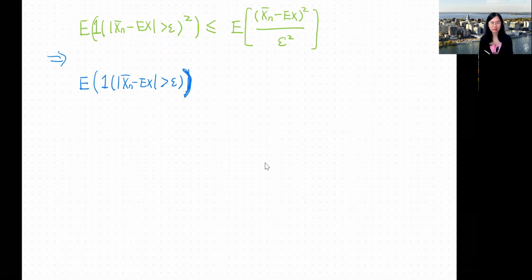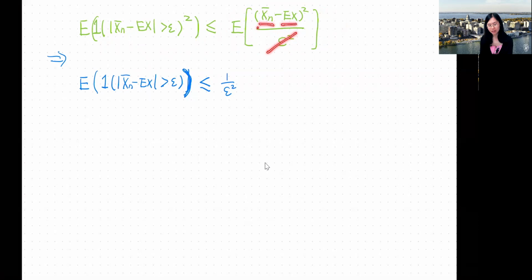So that's the expected value of the dummy variable itself, and that is less than or equal to... So this epsilon squared is a constant, so that can be factored out of the expectation. And what's left is the expected value of X bar minus EX.